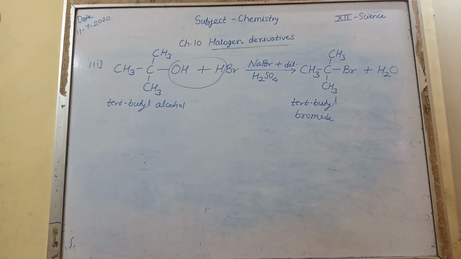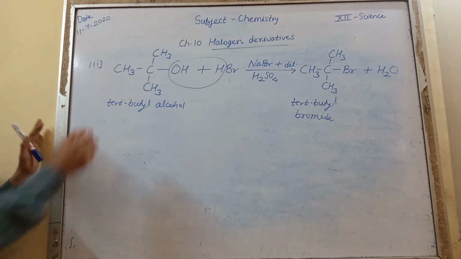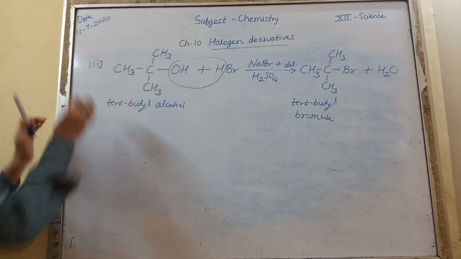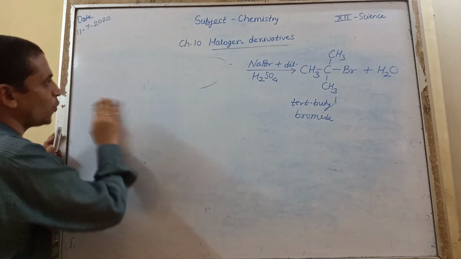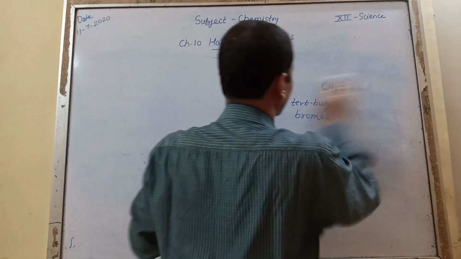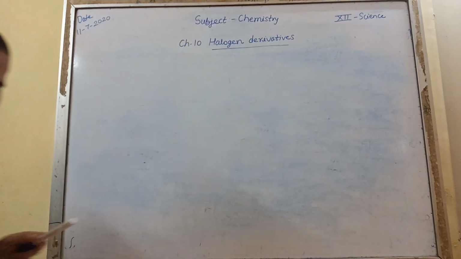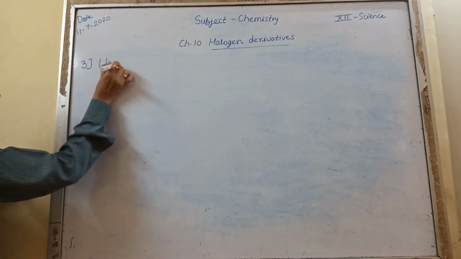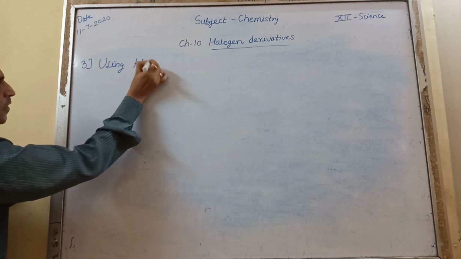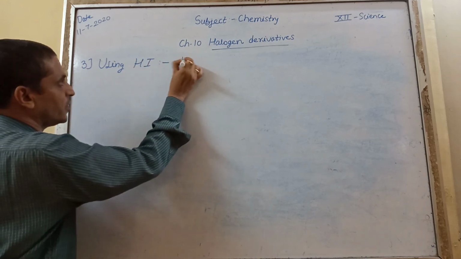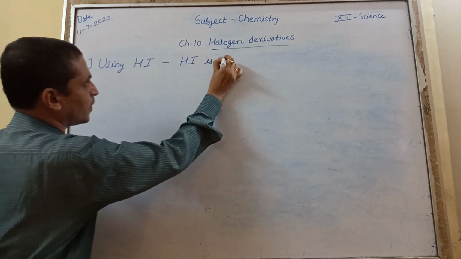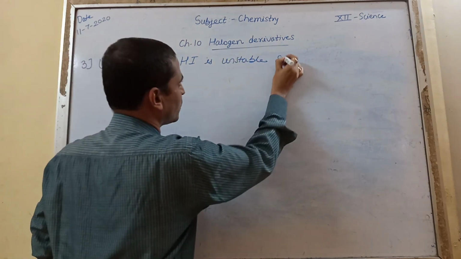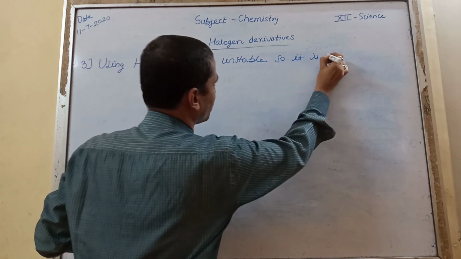Now we have completed preparation of alkyl halide using HBr also. Now we will proceed to preparation of alkyl halide from alcohol using HI. Again, HI is unstable, so it is prepared in situ.